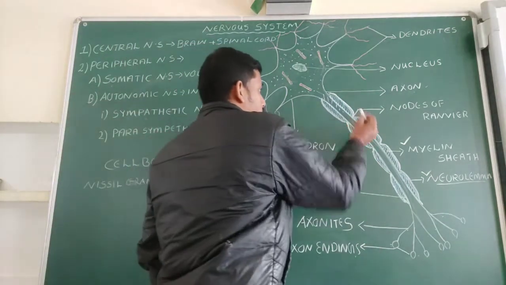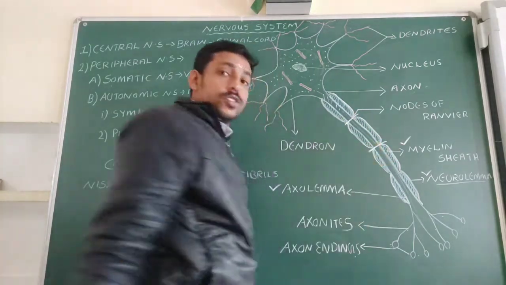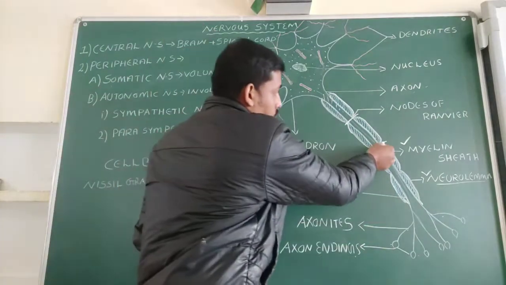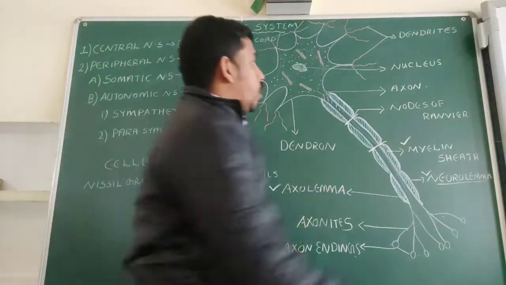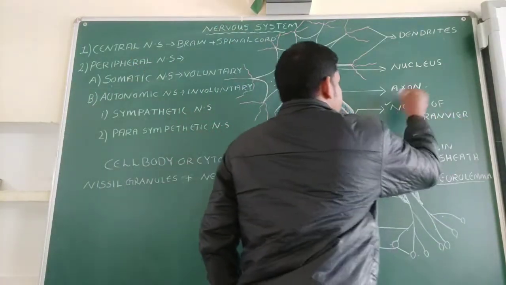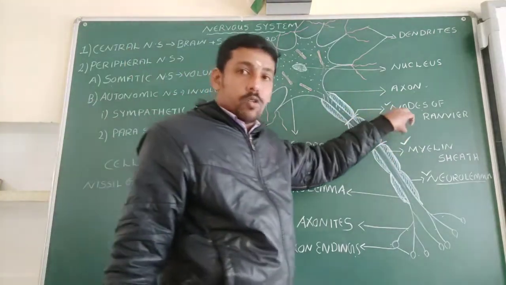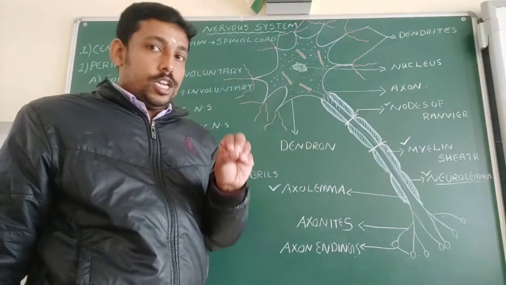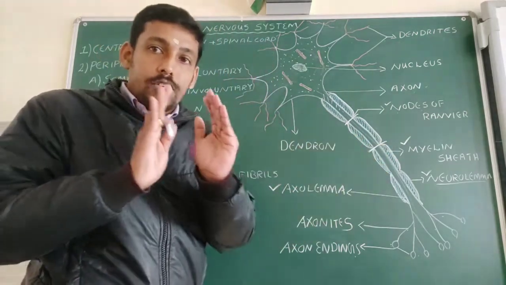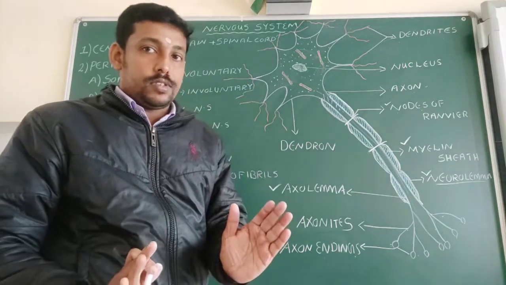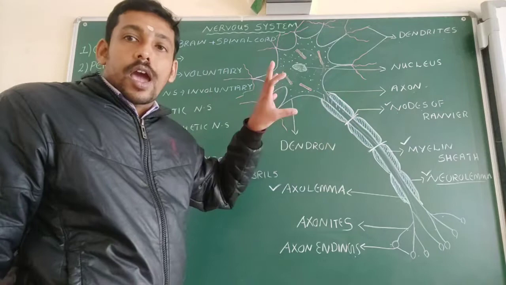Here there is no myelin sheath, and that region is known as the nodes of Ranvier. These are the constrictions between the adjacent myelin sheaths. That means the myelin sheath is discontinuous. So these are the three layers of the axon.